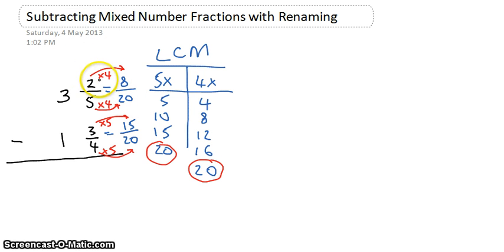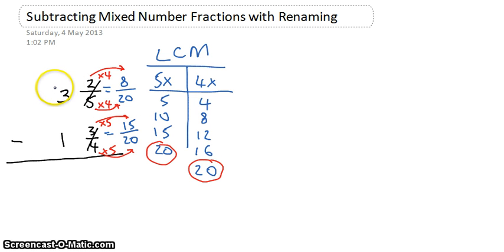So I no longer need my 2/5, I've turned it into 8 20ths. And my 3/4 is now 15 20ths. So 8 20ths subtract 15 20ths. Can I take 15 20ths away from 8 20ths? In other words, can I take 15 away from 8?